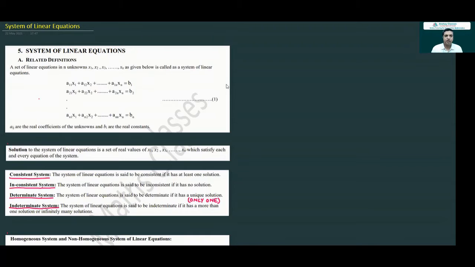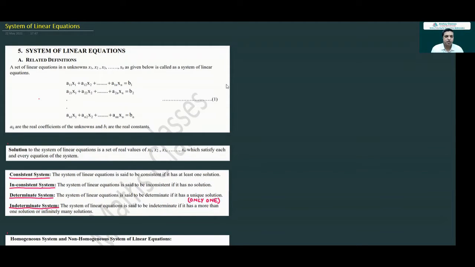Then the second row, a21 x1, a22 x2, up to a2n xn equal to b2, and so on up to an1 x1, an2 x2, and so on up to ann xn equal to bn. The aij are the real coefficients of the unknowns, and b1 to bn are real constants.